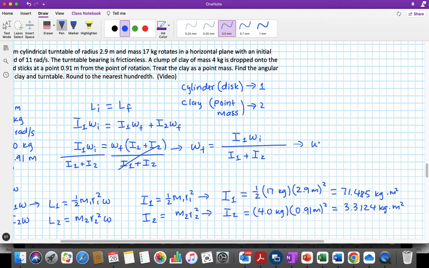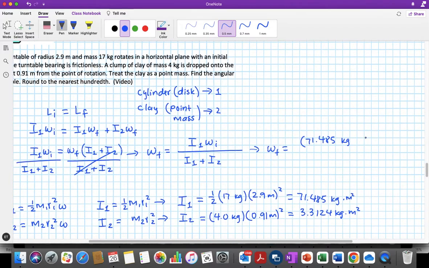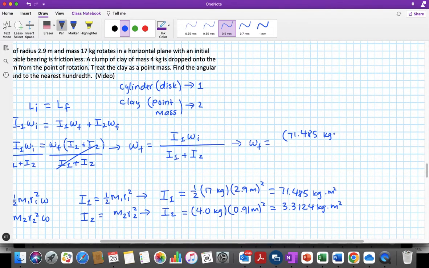We'll have final angular speed would be I1, which is this one, 71.485 kilogram times meter squared times the initial angular speed, that was 11 radians per second.